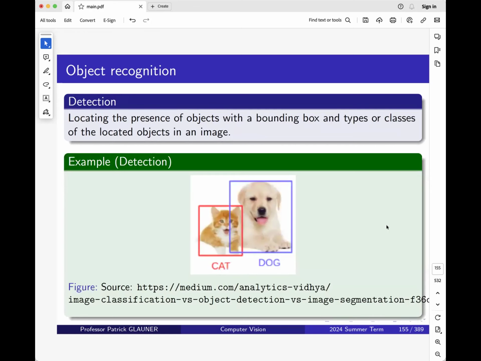And detection would be one step further, because I'm not just putting a bounding box around objects, but I'm also classifying what's in that bounding box. So in this example here, we have located two objects and then we classify them independently. And then we give them a label. So this is a cat, this is a dog.